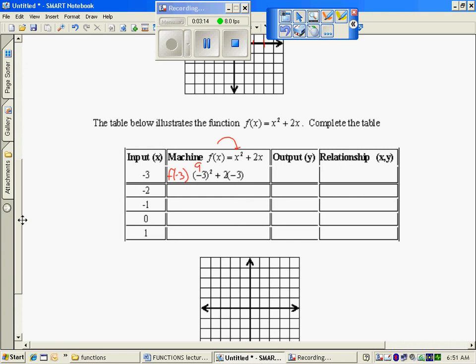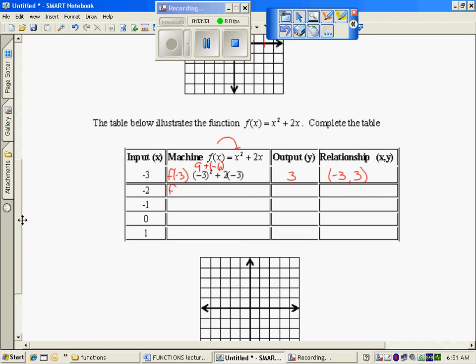A negative 3 times a negative 3 is a positive 9. 2 times negative 3 is negative 6. When I add those two together, keeping track of your integers, I had $9, I spent 6. My output is 3. So I have this relationship. Negative 3 went into my rule. Positive 3 came out of my rule.